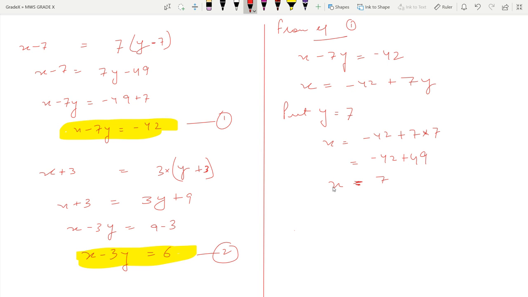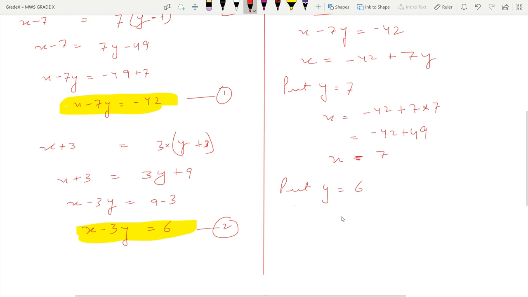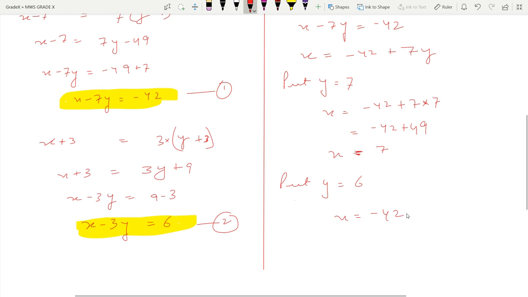One more, we'll take out two solutions because only 2 points are required to draw a line. After this, put y is equal to 6. So x will be equal to minus 42 plus 7 into 6, minus 42 plus 42, so it is equal to 0.